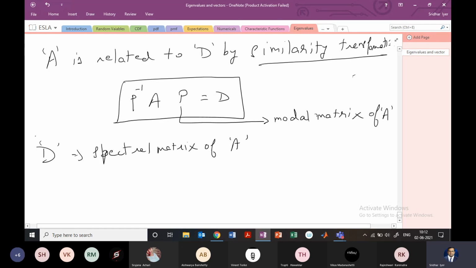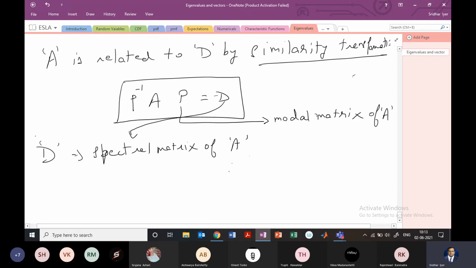Right? These are the names given to the matrix P, which is the modal matrix of A, and that to D, which is the spectral matrix of A, or the diagonal. The spectral matrix, as we'll see in the numerical, has the eigenvalues of A on its diagonal.